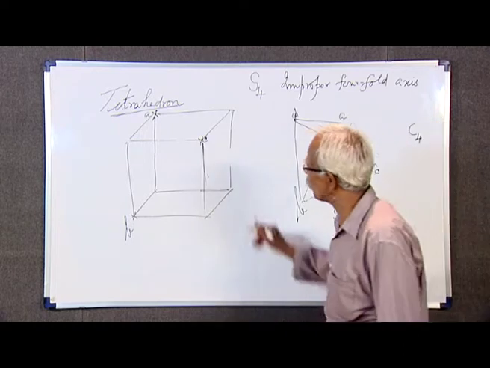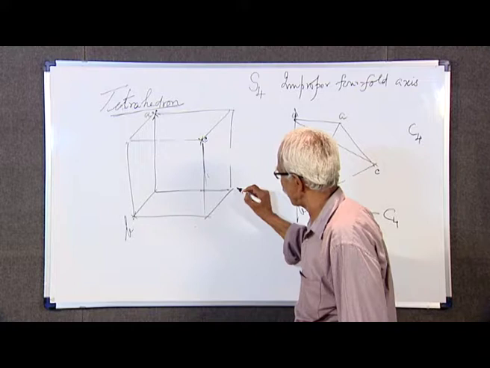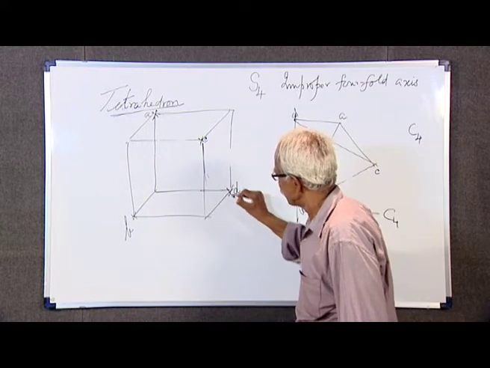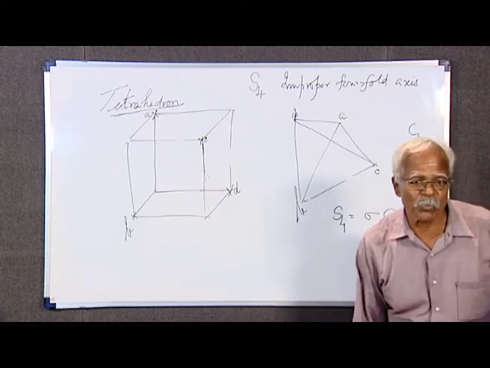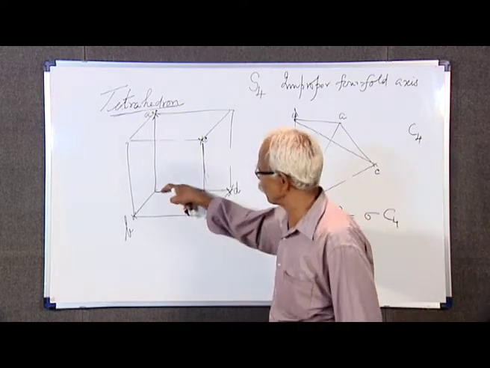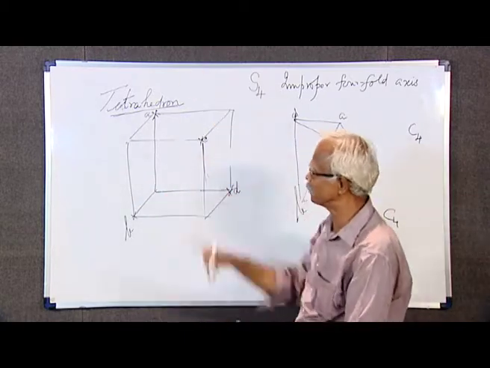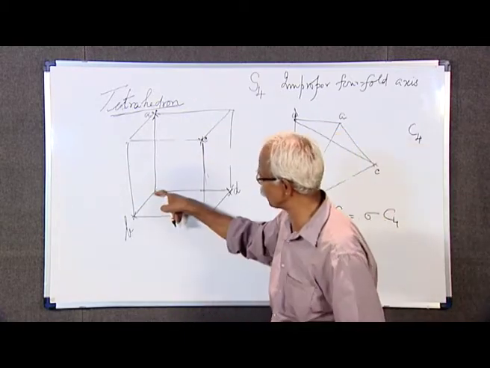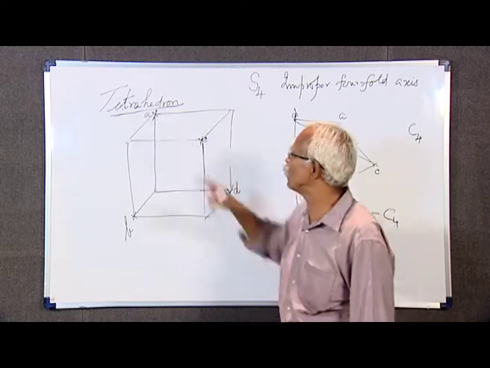Now, once more, C4, then sigma, D. Now, if you do it once more, C4, all C4 means rotation about an axis like this. So, C4 will take it to this point, then reflect. You are back home in A.